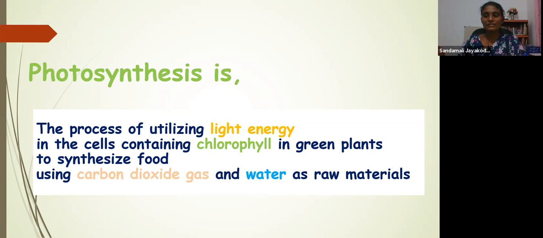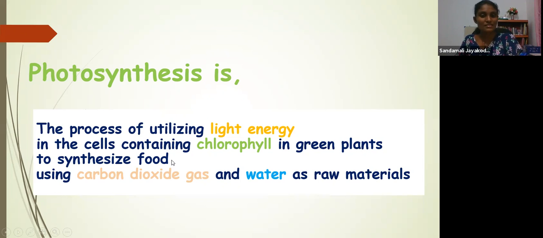That's why we are using fuels or the energy sources to prepare our food. In that way, plants also use an energy source, that is the light energy from sun. So the process of utilizing light energy is a process of using light energy. For what? To produce food in their body, to produce food.